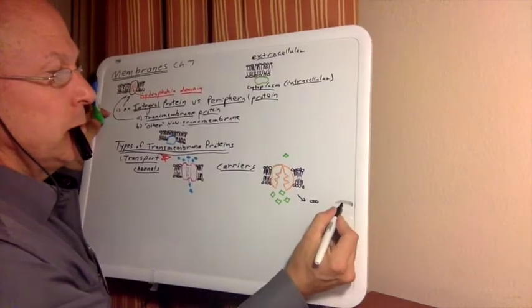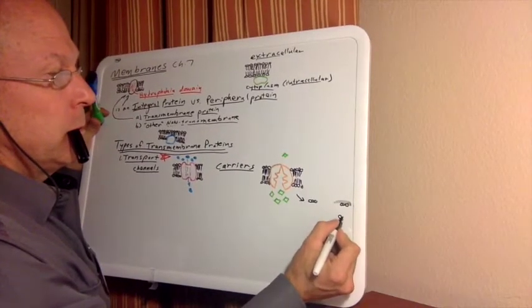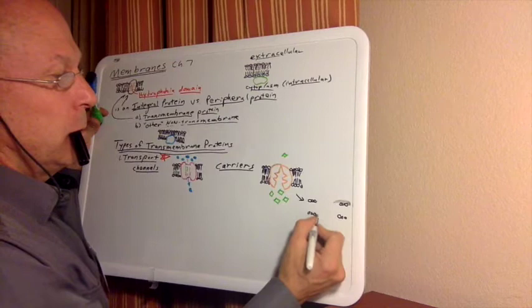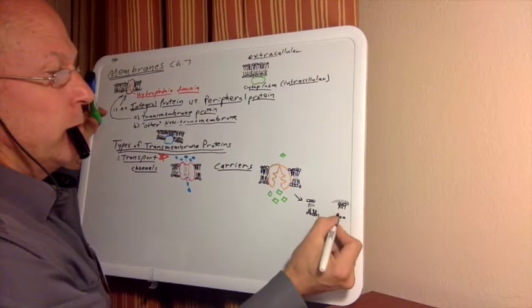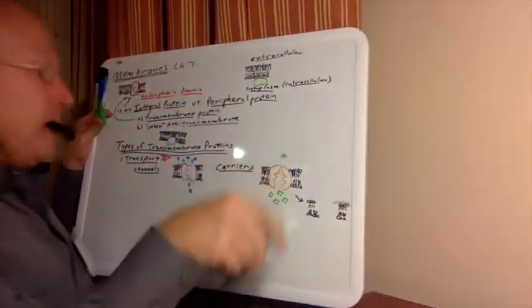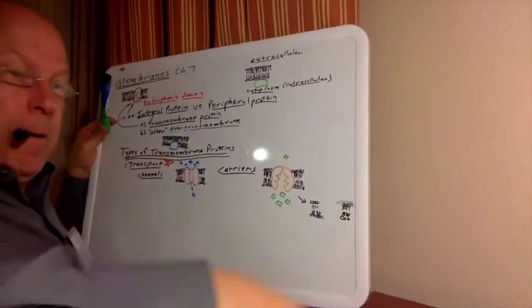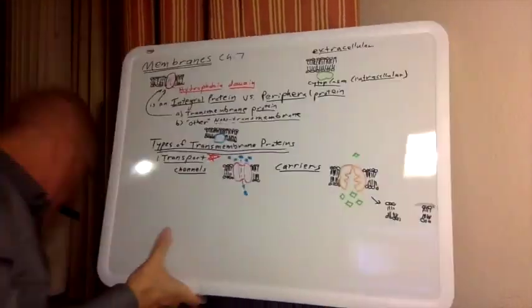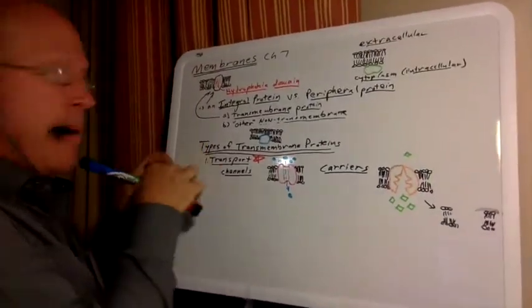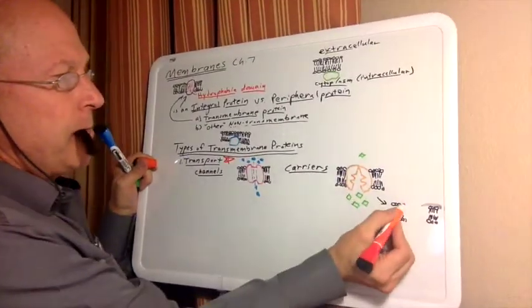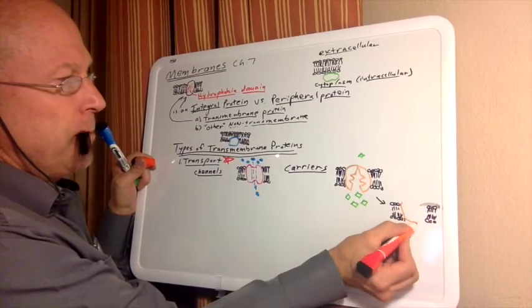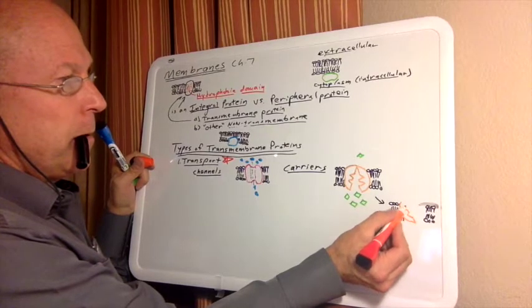Let's see. Try to get some of my plasma there. Okay, here we go. I'm not sure if you guys can see that okay. So now the thing is going to shape change and open up the other way.